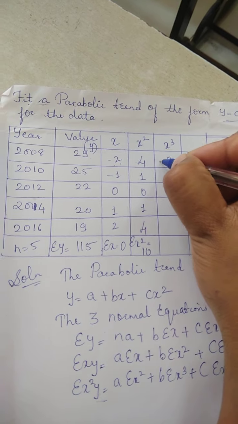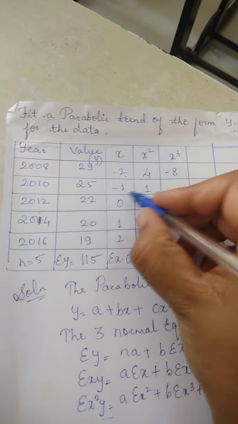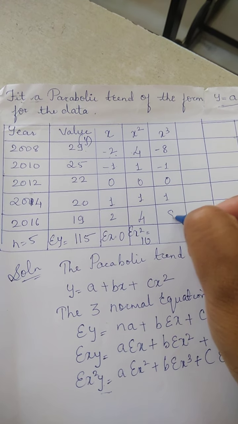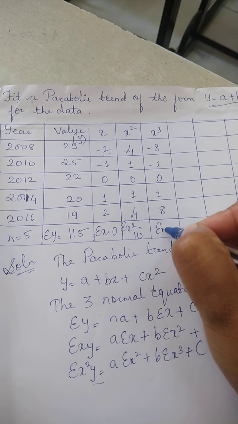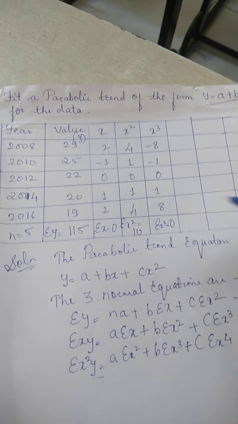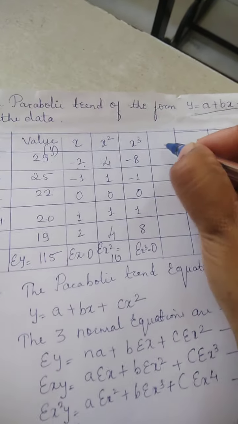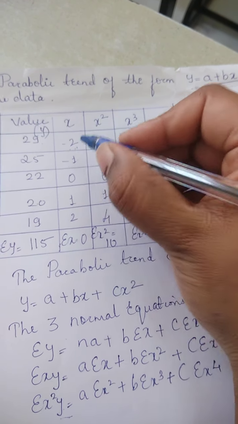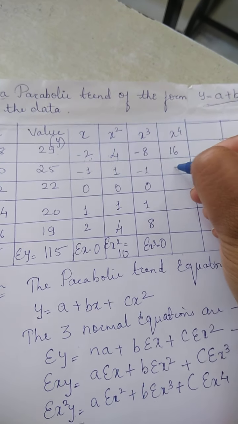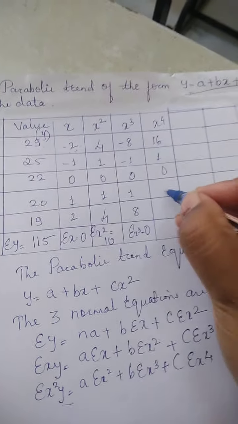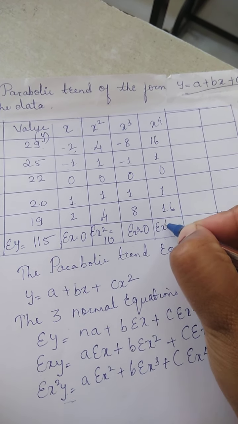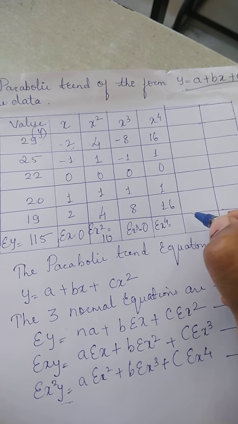Cube means minus, then minus 1, 0, 1, 8. Here also summation x cube is always 0. Then x raised to 4: 2 to the 4 is 16, then 1, 0, 1, 16.